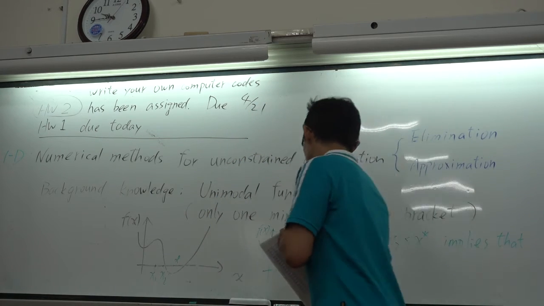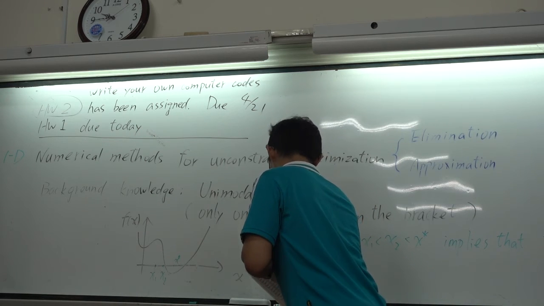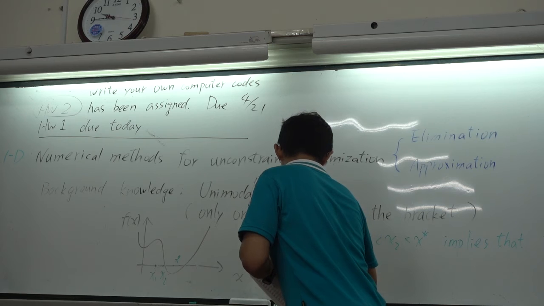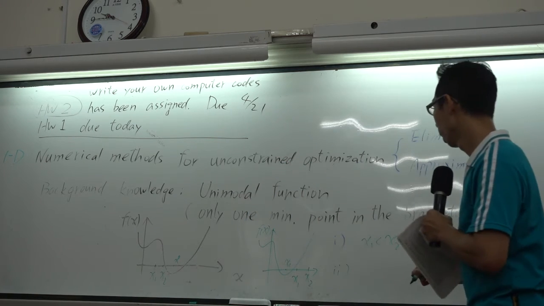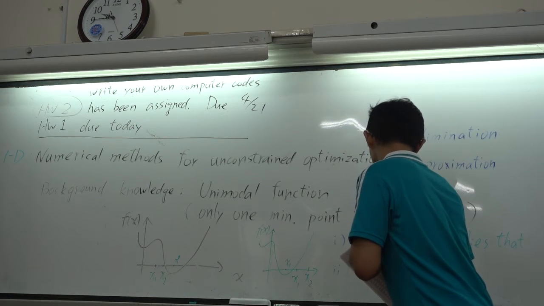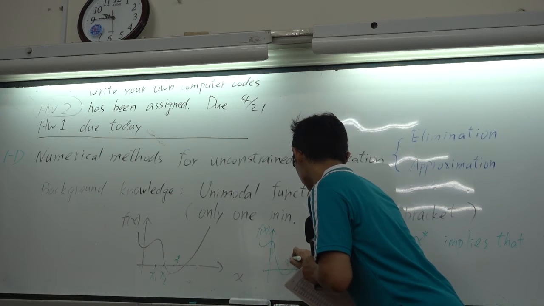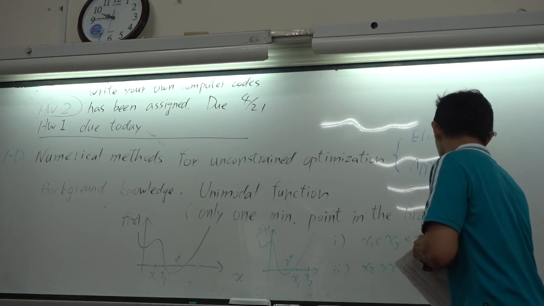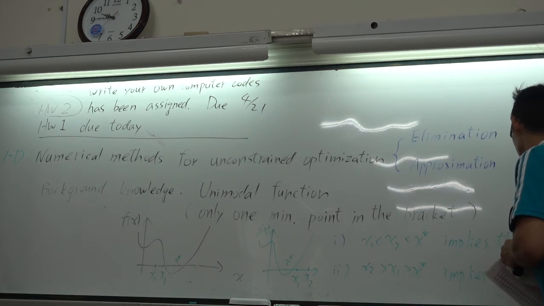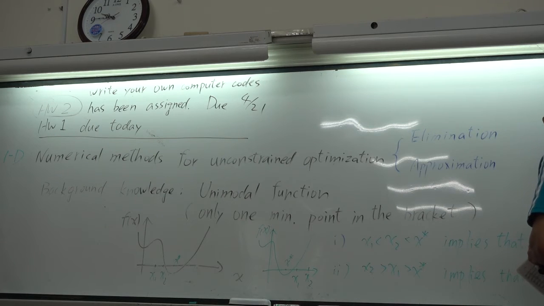Here is x star, and let's say here is x1, here is x2, with x2 being greater than x1. This implies that f of x2 is greater than f of x1. I know you may want to say, so what?